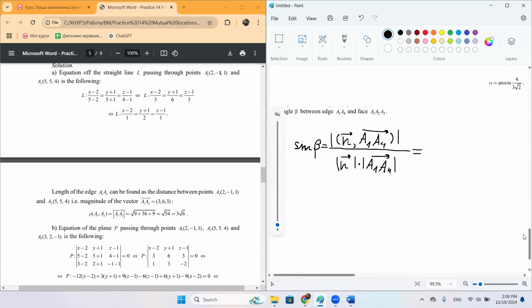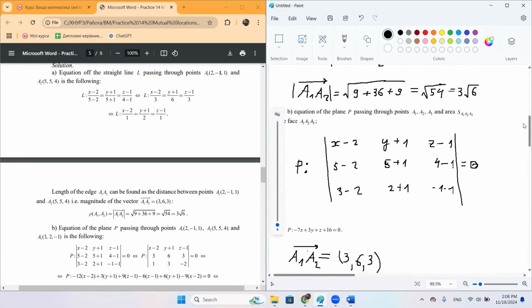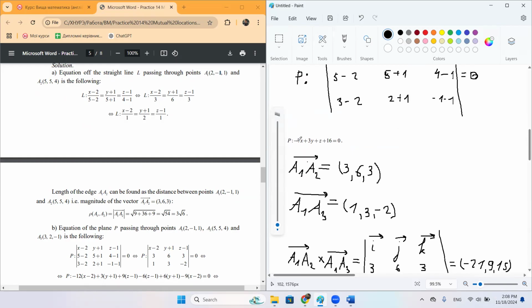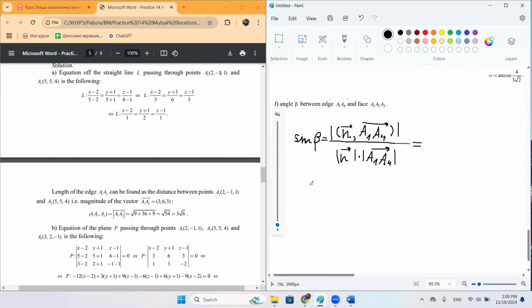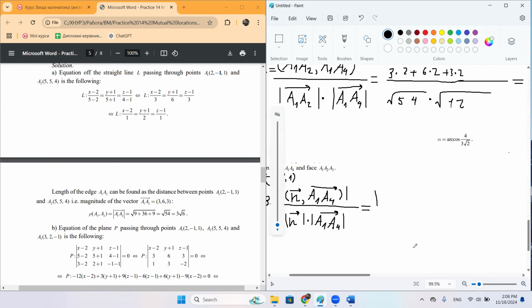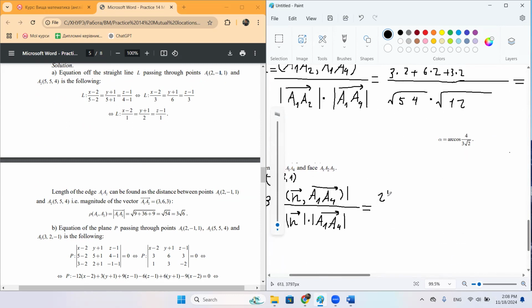Let me remember the coordinates of the normal vector: minus 7, 3, 1. By the way, I can move 2 out of the brackets, out of the magnitude as well.